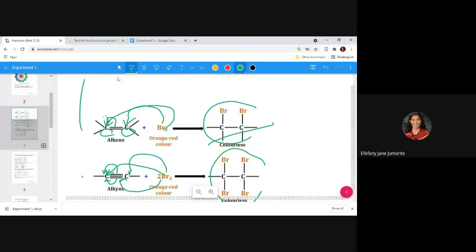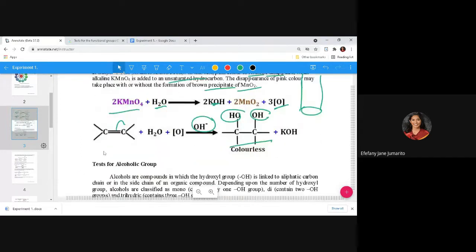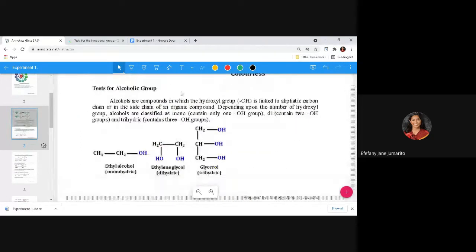Now we have the test for alcoholic group. So alcohols are compounds that are classified as alcohol if they have a hydroxyl group, or OH, linked to an aliphatic carbon, to our alkene or hydrocarbons in the side chain of an organic compound.